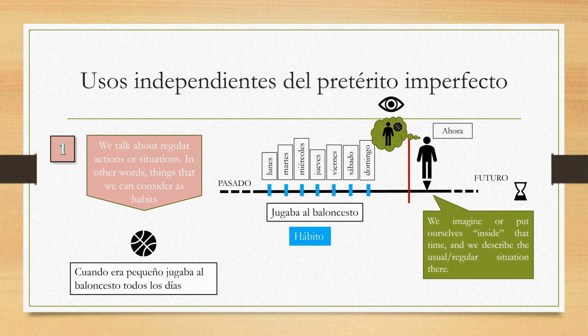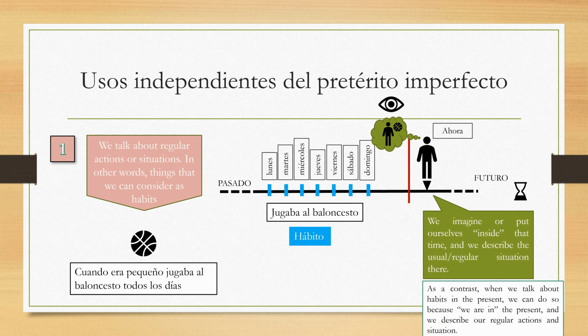In this case, when we talk about things as pretérito imperfecto, it is as if we imagine or put ourselves inside of the time in the past, and we describe the usual or regular situations there. That's why we can consider these actions to be not finished, because we are imagining, so to speak, we imagine ourselves as if we were in the situation when these things were being done.